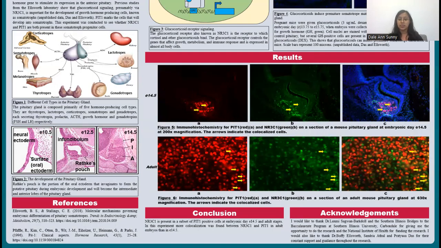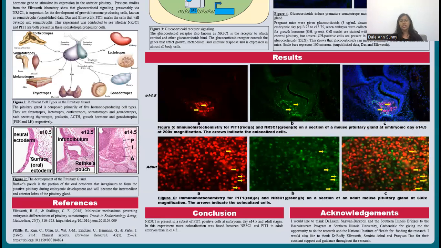You can see that we used not only E14.5, but also adult mice tissue, which shows much more co-localization, showing that NR3C1 and PIT1 were found in them.